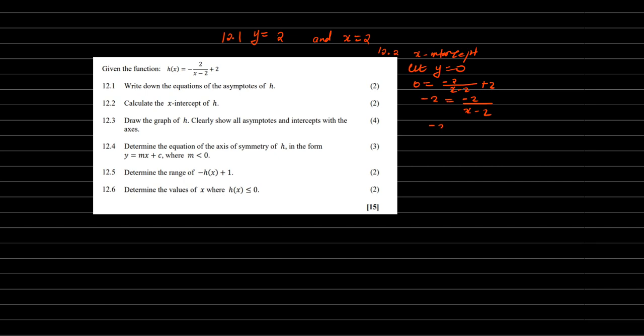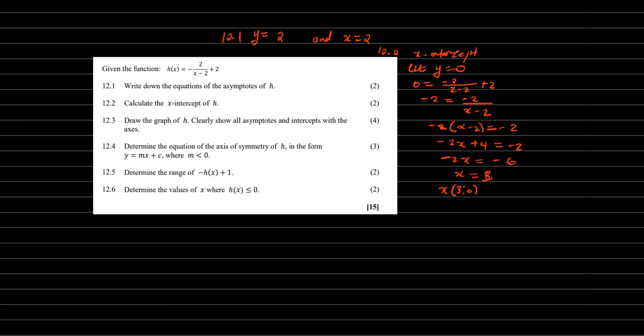Then this is negative 2 into x minus 2 all equal to negative 2. So we'll have negative 2x plus 4 equal to negative 2. Then negative 2x equal to negative 6. Then we divide both sides by negative 2. Therefore, x is equal to positive 3. From this, I advise people to always write it like this: x of positive 3 and 0, because you are going to use this point when you will be plotting the graph.